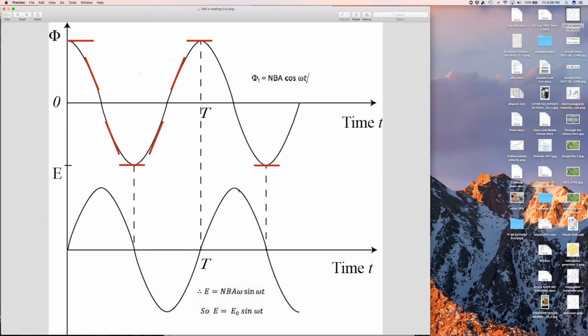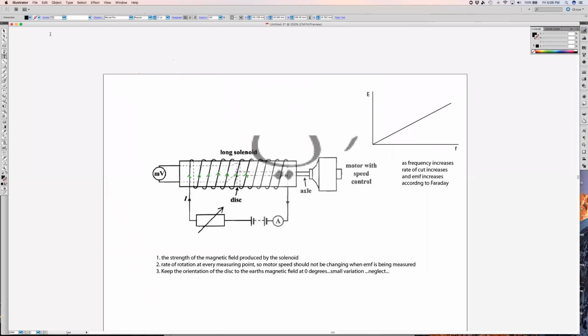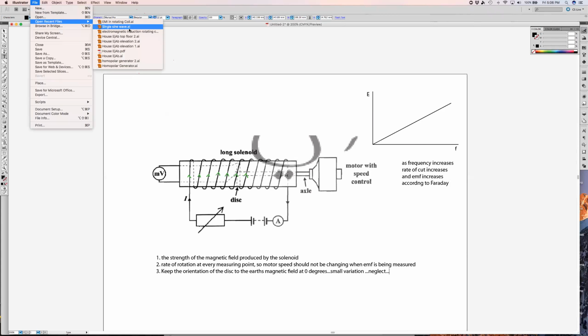And again, this is the equation. What I didn't put is the peak value, and I'll modify that right now so you'll see how I do it. File, open recent. I was drawing this while I was waiting for this class to start.